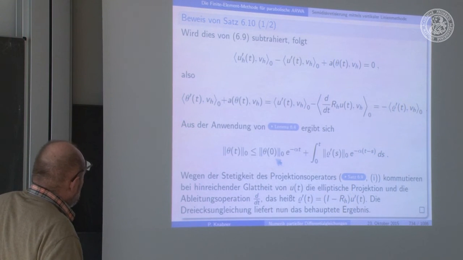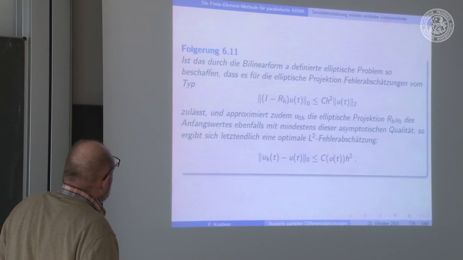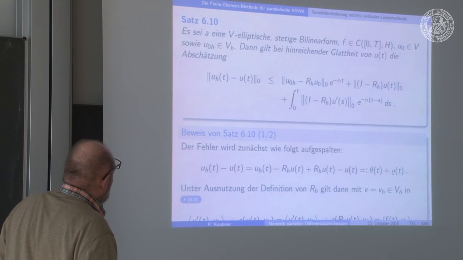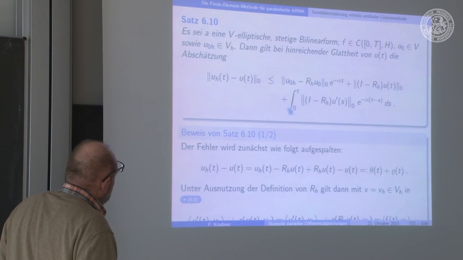And here, what is theta? Sorry, wrong direction. What was the theta? Here we have the initial data and the Ritz projection of the initial data. This was the first term here, so we have seen this term here. The next thing is we see this term here.